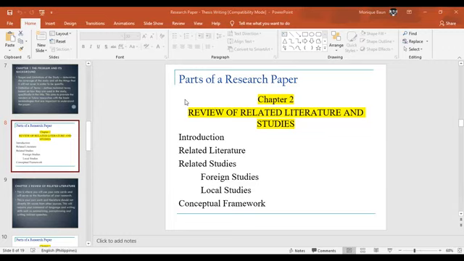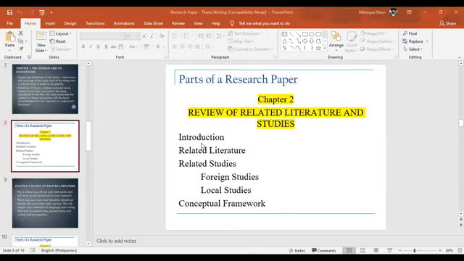For related studies, from the word itself, these are published theses or research papers. We have two parts, foreign studies and local studies. Foreign studies are research studies that happened internationally, while local ones happened here in the Philippines.